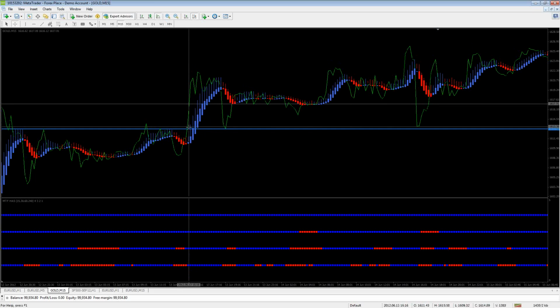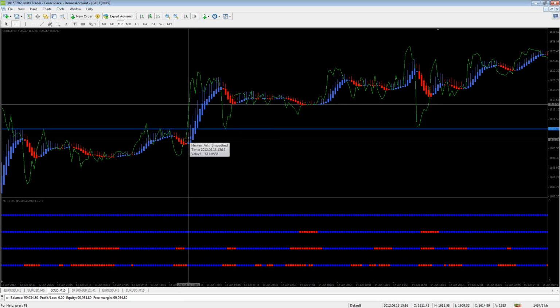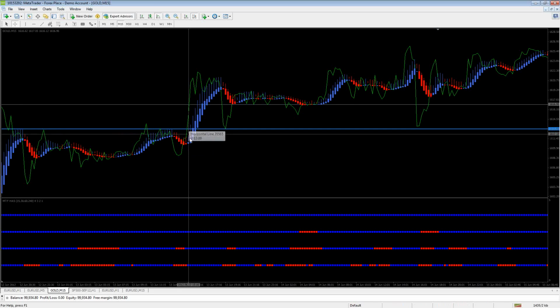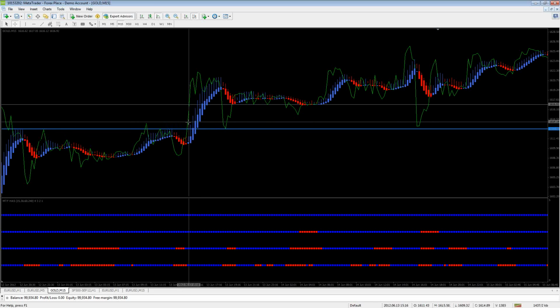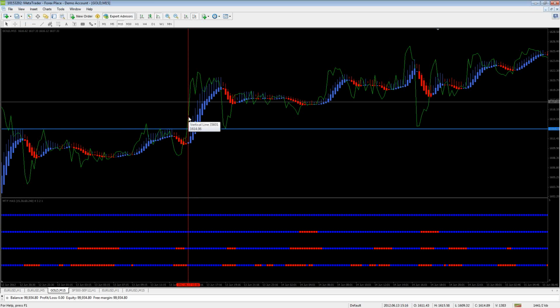But you can see here already the Heikin Ashi, and you can see the price here. The price closes above this resistance area, and all time frames are blue. The Heikin Ashi is blue, the price is above it, so I guess around here you can take long.